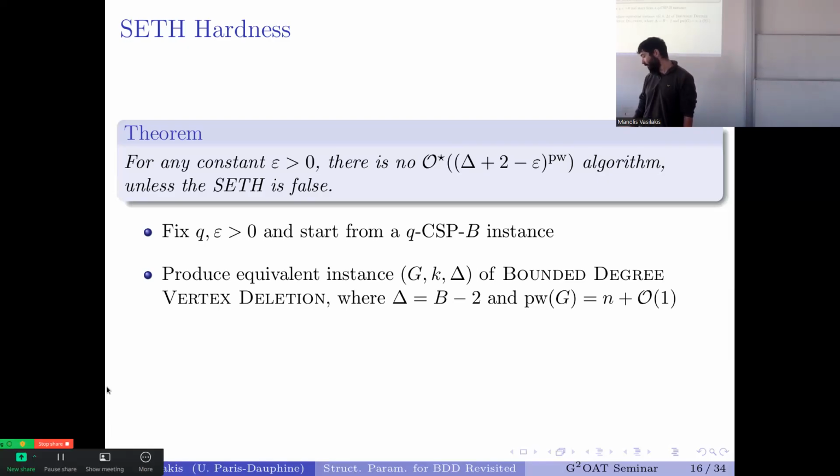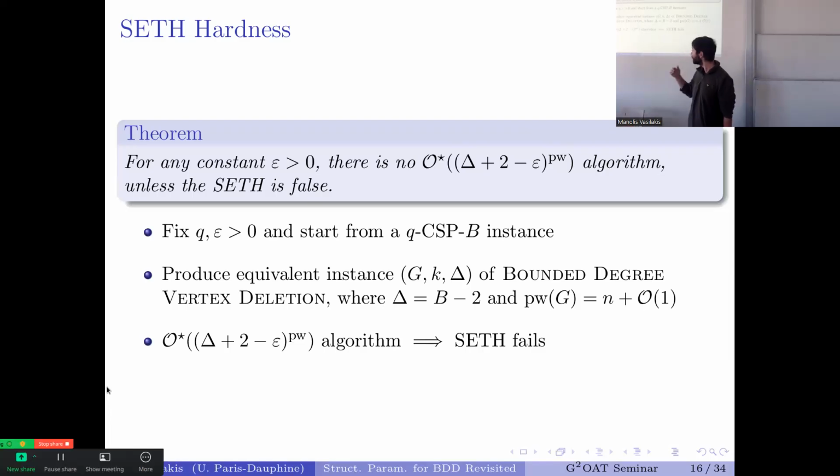The path width of our graph should be not just linear, but actually n plus a constant. So this is what we aim for. In that case, if we had such an algorithm for the bounded degree vertex deletion problem, this would result in a b minus epsilon algorithm for every Q for the constraint satisfaction problem, which in turn results in SETH failure.